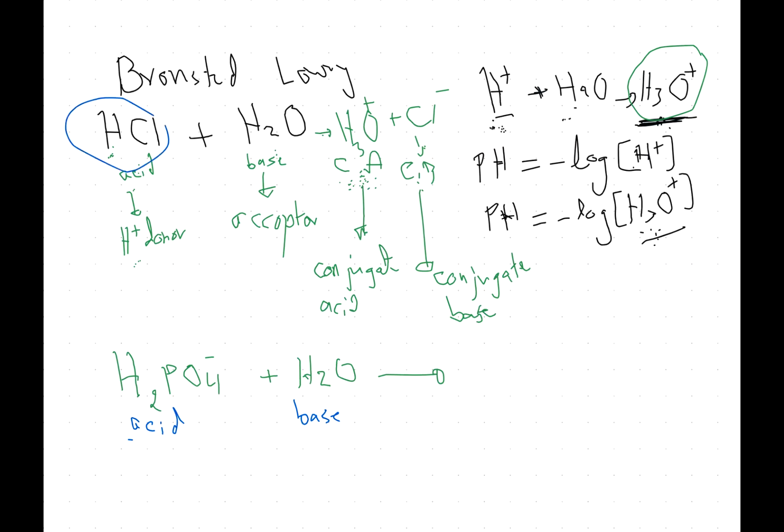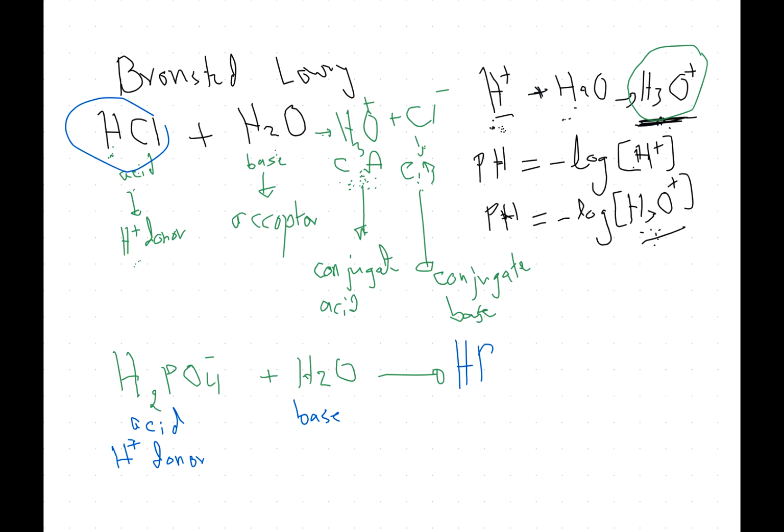Here, this one can be an acid or a base, but this time I will make it the acid. If it is the acid, this means it will be the H plus donor. So it will lose H and become HPO4 2 minus, because it lost one more, so it's now 2 minus.